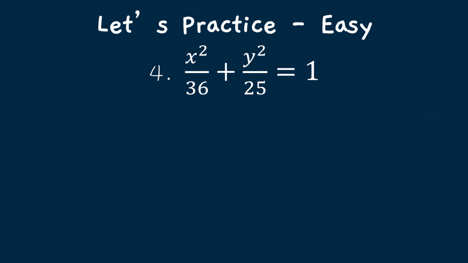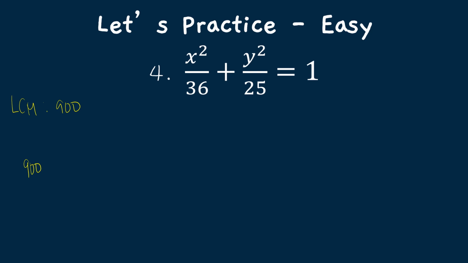For example number 4, this time your LCM, we cannot already use the listing method because it's a very large number. So for number 4, it's 36 multiplied by 25. So that is your LCM on this example, equal to 900. So that 900 should be multiplied by the whole equation.